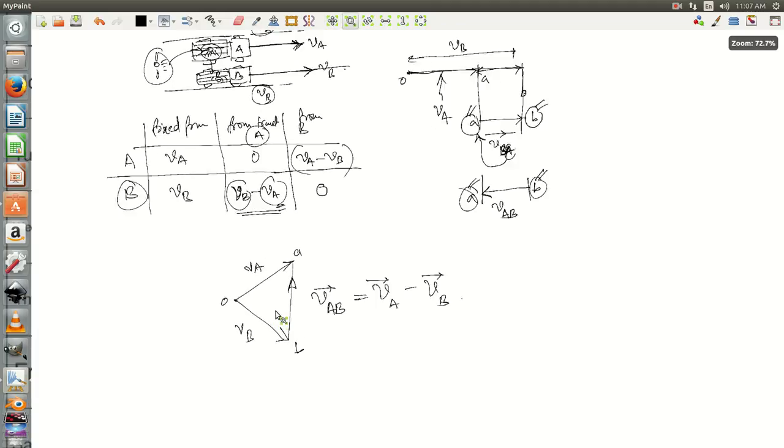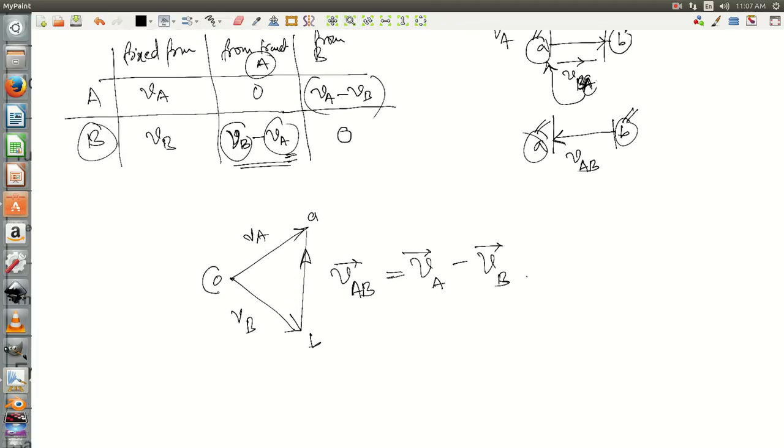Note that this point O is a fixed point and this point A represents the magnitude of velocity of A from the fixed point.